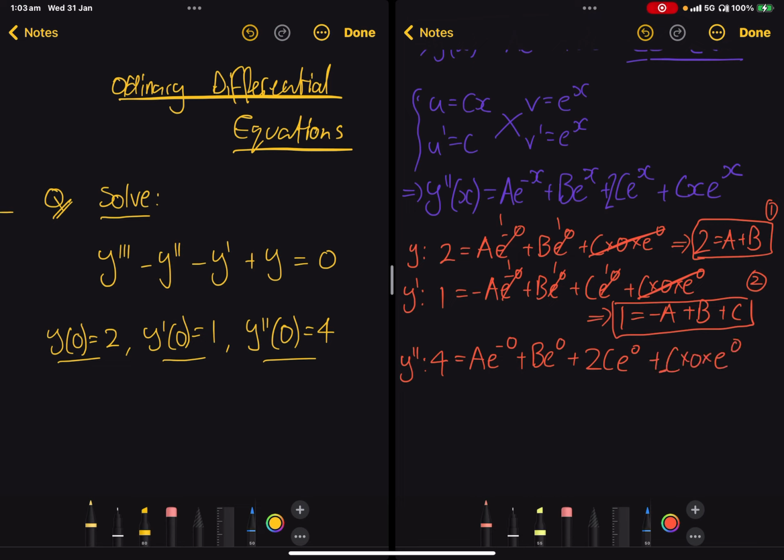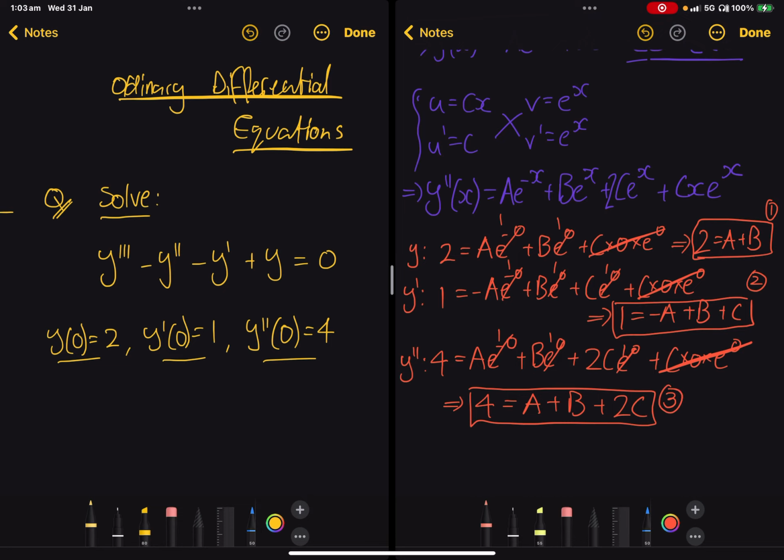Again, the term with the 0 cancels. E to the 0 is 1, e to the 0 is 1, e to the minus 0 is 1. This gives us 4 is equal to a plus b plus 2c. And this is our third equation containing a, b, and c.